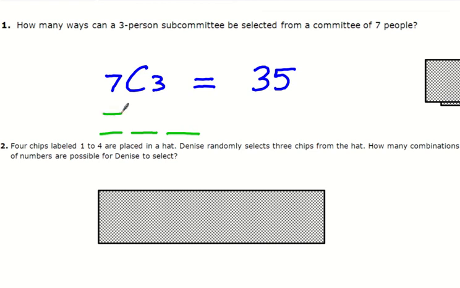Isn't there 7 choices for the first person, 6 choices for the second person in the subcommittee, and then 5 choices for the third person? I'm here to tell you that if you're wondering that, the answer is no. And here's why. I hope I can explain it pretty well.